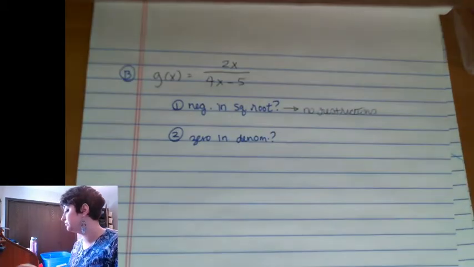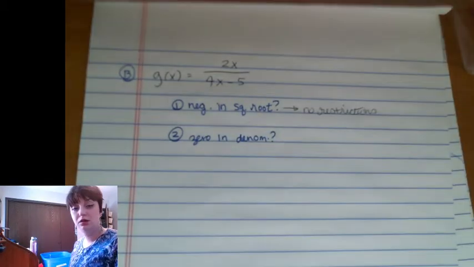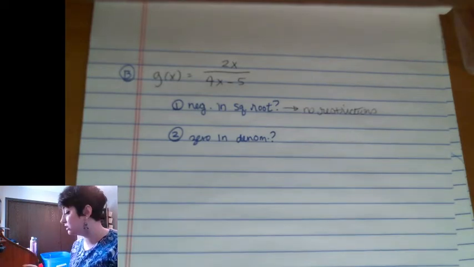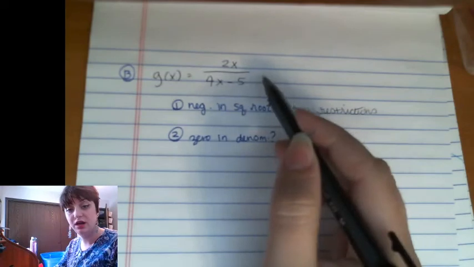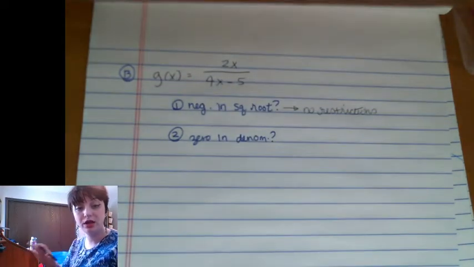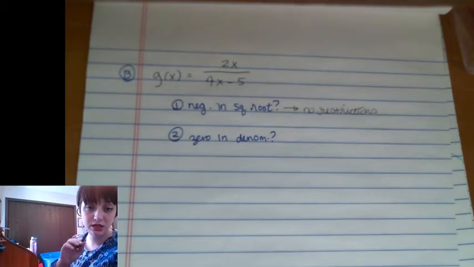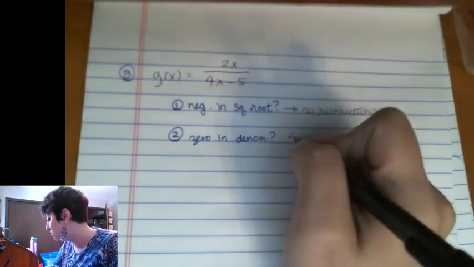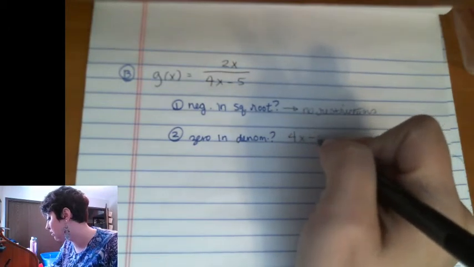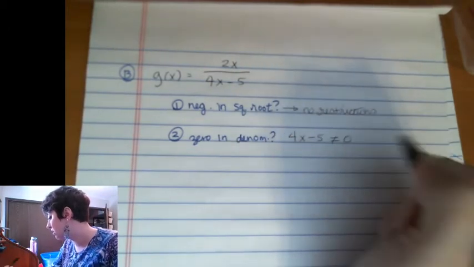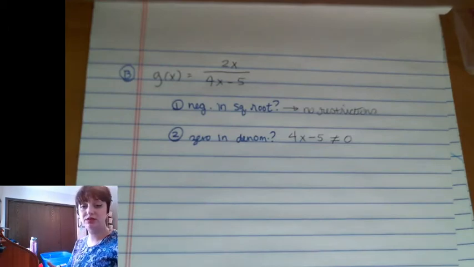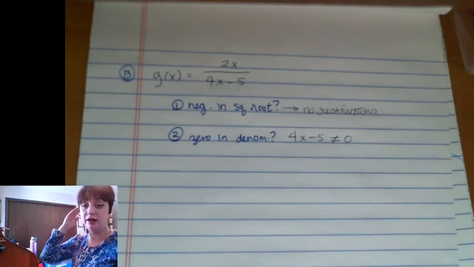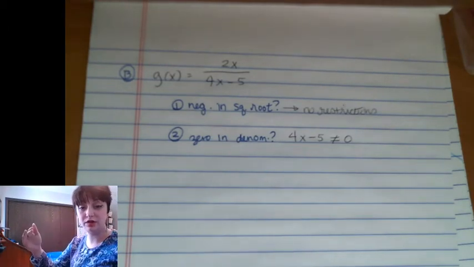Okay. Zeros in a denominator. There is a denominator here, right? It's 4x minus 5. Whatever I plug into this function, I have to make sure that it doesn't make 4x minus 5 be 0. I don't want 4x minus 5 to be 0. If I had that, I'd have something over 0, which is undefined.